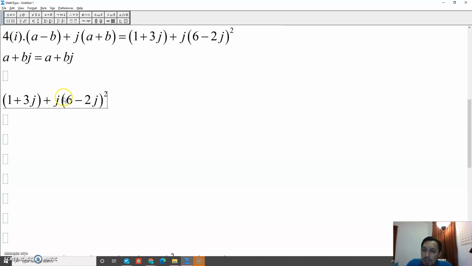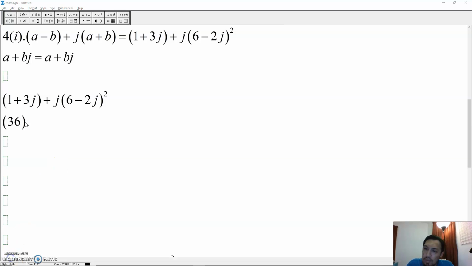First, let's expand this one. So 6 minus 2j times another 6 minus 2j.